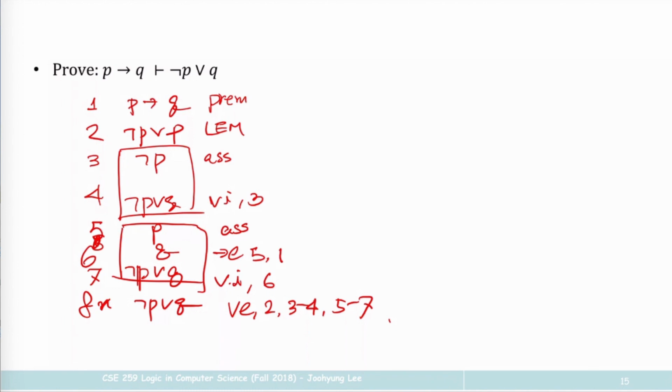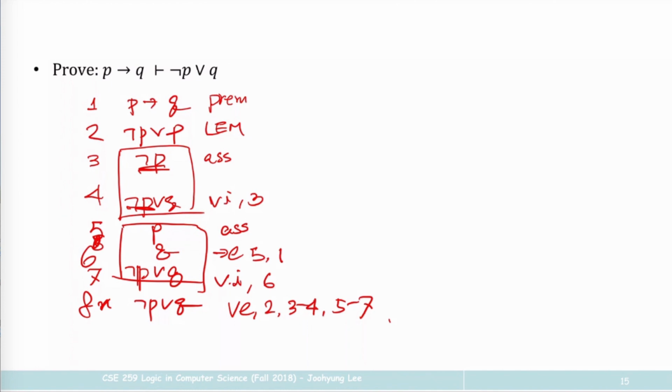Yes, question? I'm confused at how you got not P or Q in line 4. Line 4 is to use or introduction. So not P is one of the disjuncts. So you can make a disjunction with any other formula, including not Q, including Q. We don't know if Q is true or not, though. Doesn't matter.